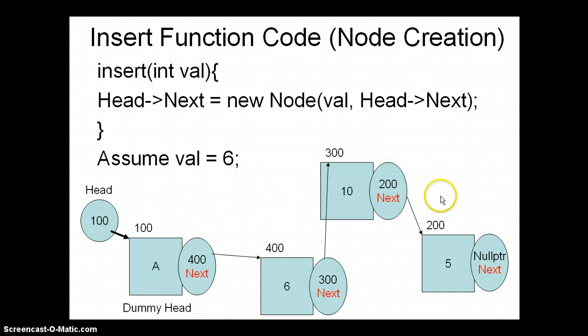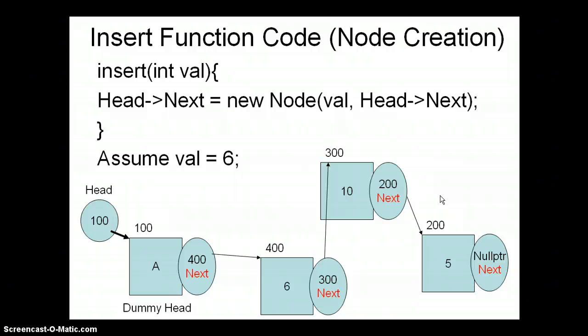So you'll need one loop to traverse the linked list, go all the way to the end, and then add the node there. So it can be done. You can write a function called add rear. It will always add to the rear of the linked list. It's not very hard to do, so think about that as an exercise.